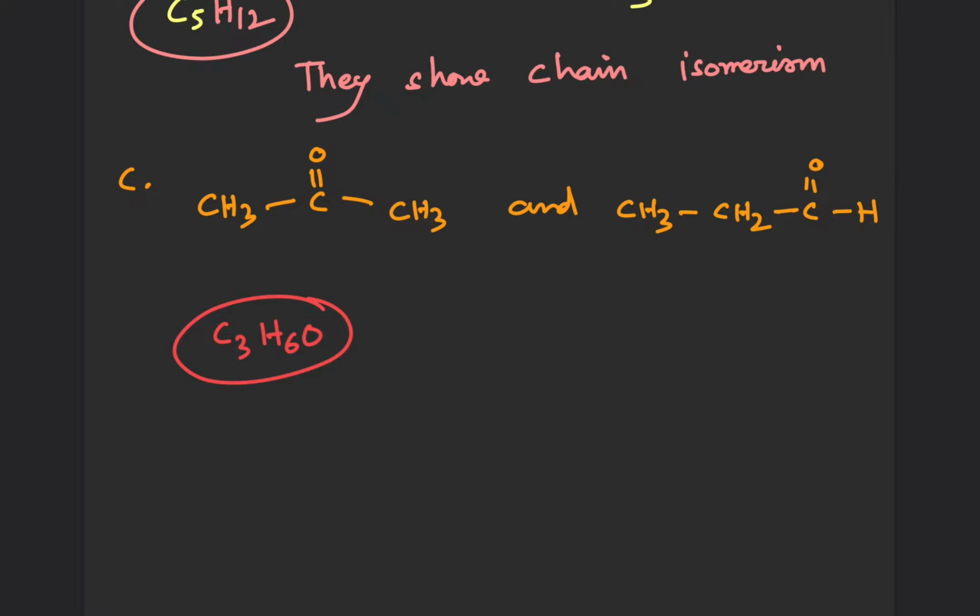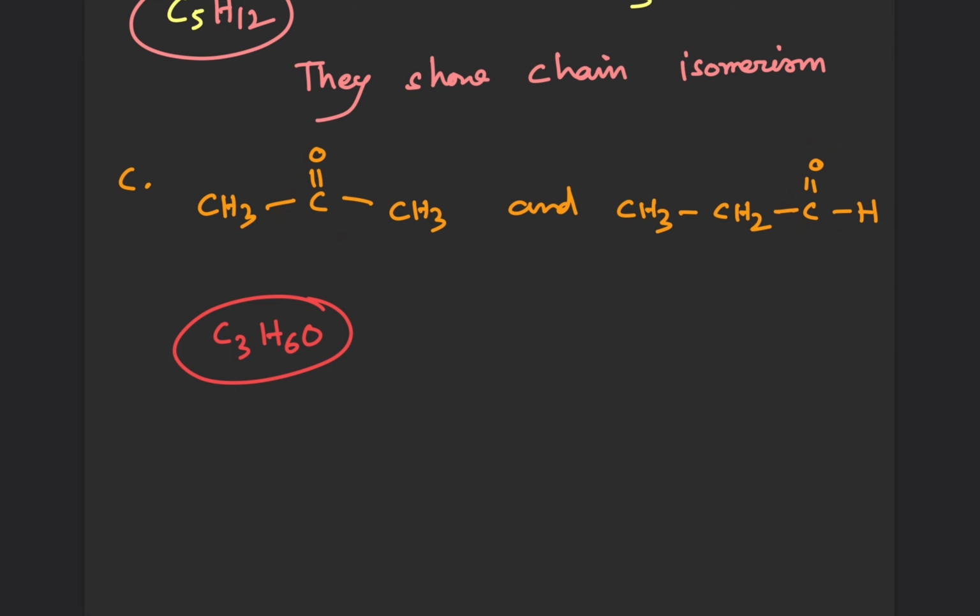For metamerism, the central functional group should remain identical, as we have discussed. Just the number of carbon atoms on either side of the functional group varies. For example, if we have the functional group divalent oxygen, the number of carbon atoms should vary. The functional group should remain the same in both, but here the functional group itself is different.